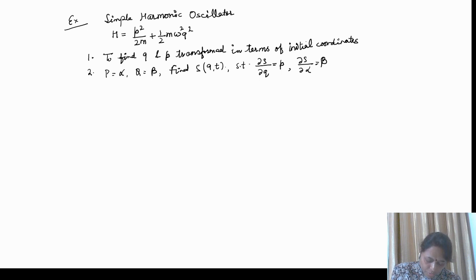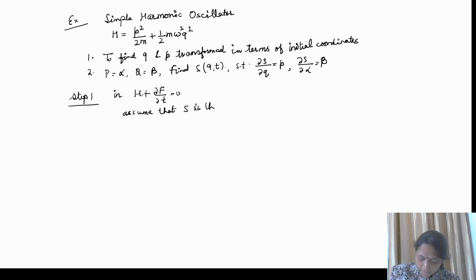So what I do in step 1, I'll find the Hamilton-Jacobi equation: H plus ∂F/∂t is equal to 0. Assume that S is the Hamilton's principal function, right?